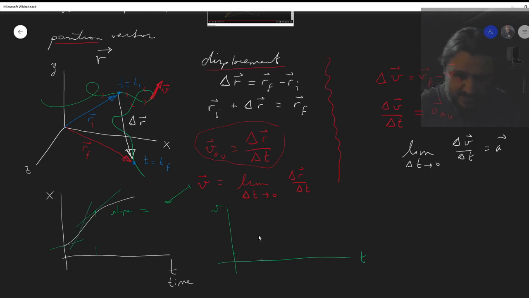At a later time I need a larger velocity, and then the slope gets less again. So this could be something like this. Okay, not exact, but it could be. Why not? Basically, you reach your maximum velocity somewhere around here when you have the largest slope. So that's also in the video.